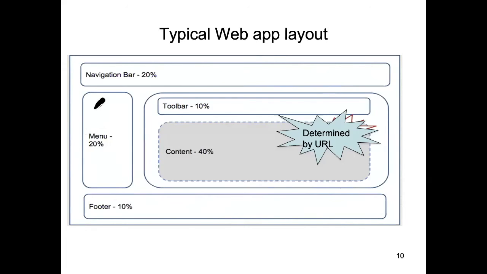There may even be a side menu that's static or constant. By static or constant, I mean, no matter how you navigate around this app, these parts, header, footer, side menu, remain constant. The part in the middle tends to vary.